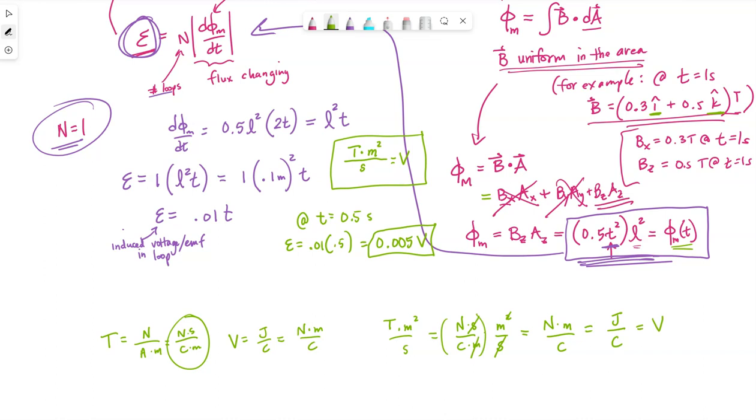Now, I do not typically go through and make sure my units are exactly right every single time. I trust myself that if I'm accounting for everything in the equation and making sure that everything is in SI units, that the answer I get here will have the appropriate units.